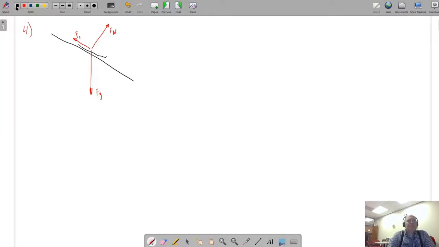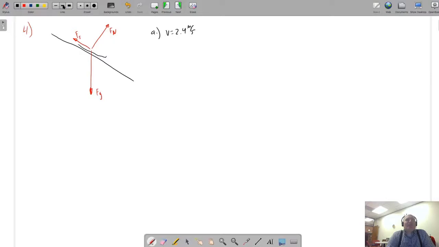In part A, you want to know what time it takes to go 21 meters down the slope. And the problem says that it travels at a constant speed of 2.4 meters per second. So you have a velocity of 2.4 meters per second, and then you have a time, and oh, you have a distance.